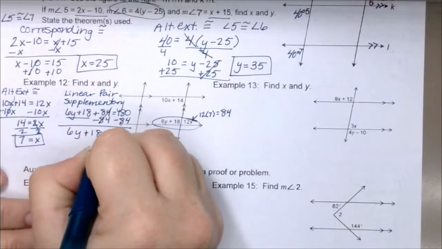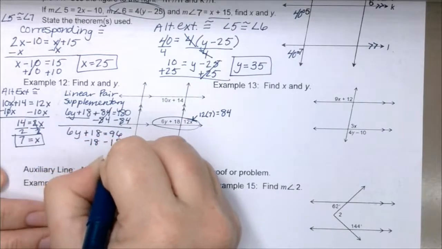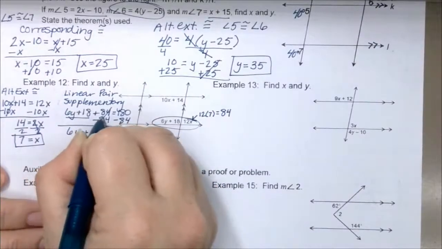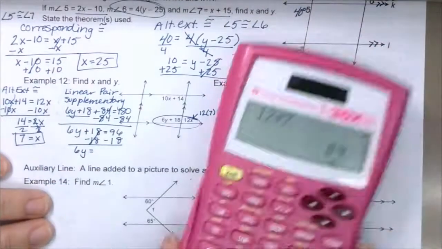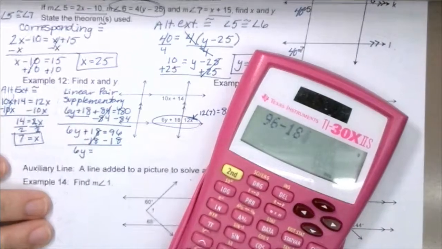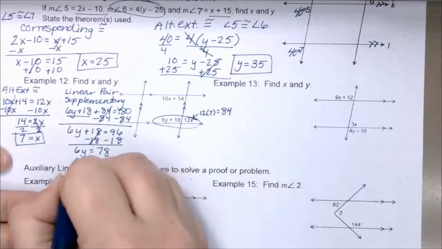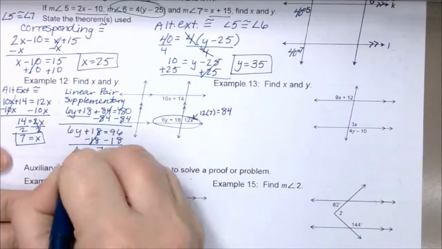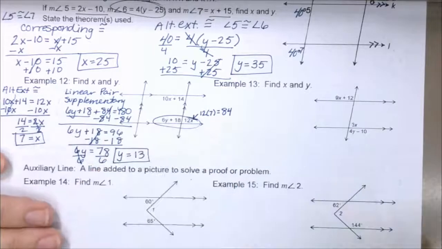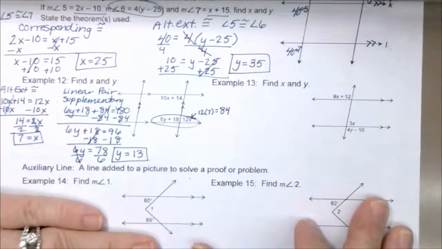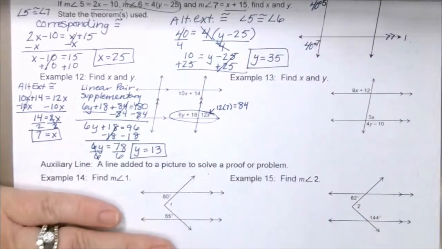So 42 degrees plus 4y minus 10 equals 180. Or in other words, 4y plus 32 equals 180. Subtract 32. And I'm going to come over here. 4y equals, what's 180 minus 32? 148. Divide by 4. And y equals what? 37.